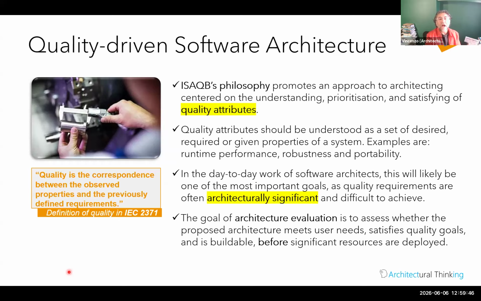And what I would argue is that in the day-to-day work of software architects, thinking about quality attribute requirements, both the elicitation and how the architecture needs to address them, is the thing that will take most of your time. So that's iSAQB's distinguishing factor, in my view, what makes it more actionable compared to other certifications like TOGAF, which is very much a framework-centric certification.